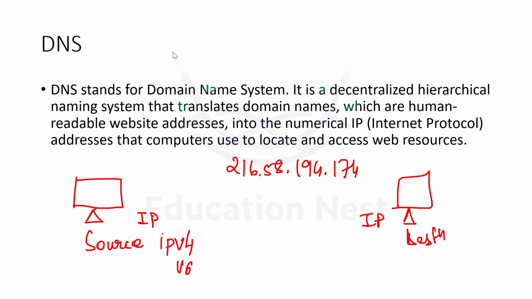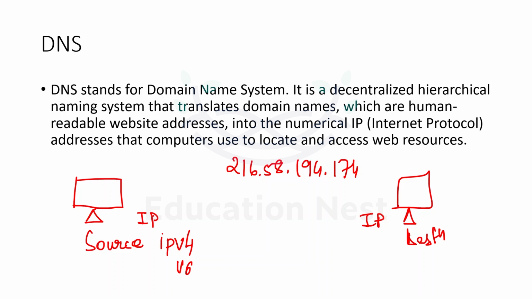This may or may not work because IP addresses change over time, and Google may use different IP addresses for different services or applications. If you need to find the current IP address for a specific Google service, you can consult the documentation or support for the proper IP address. So that is about DNS.